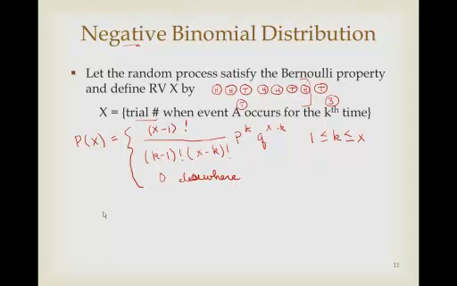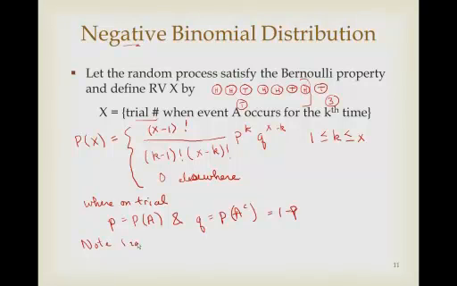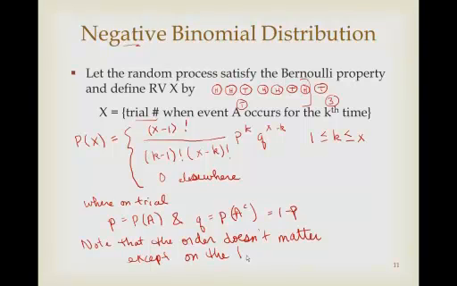Now we can say on any trial, P is equal to the probability of A, and Q is equal to the probability of A's complement, which is just 1 minus P. And note that the order doesn't matter except on the last trial, X. So order only mattered that we got T on that very last trial.